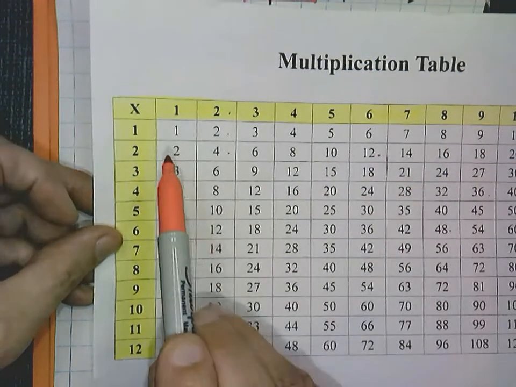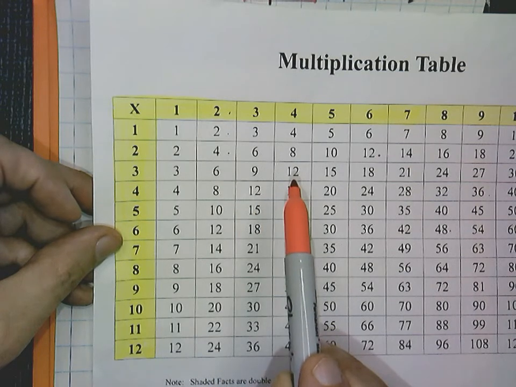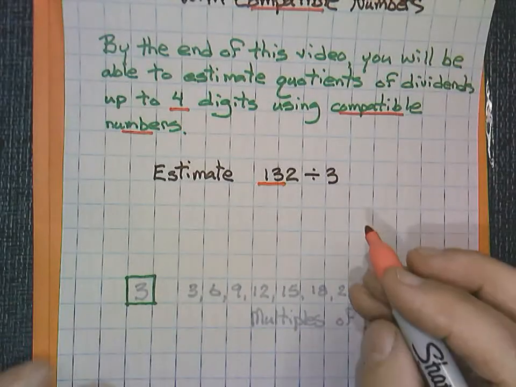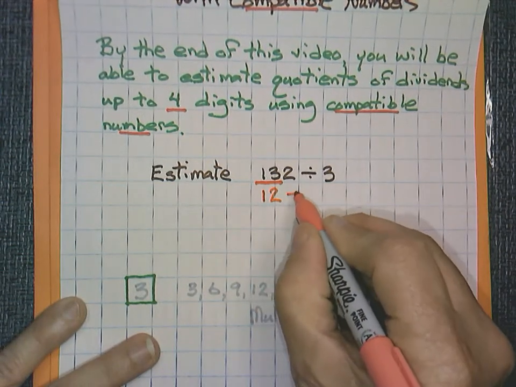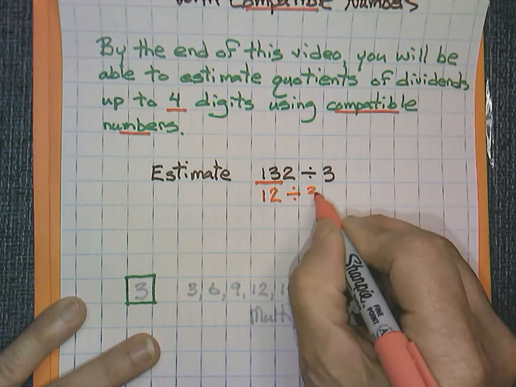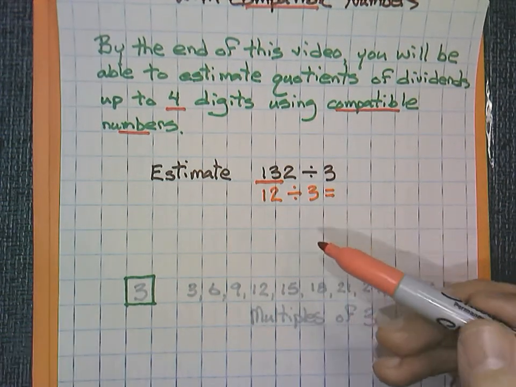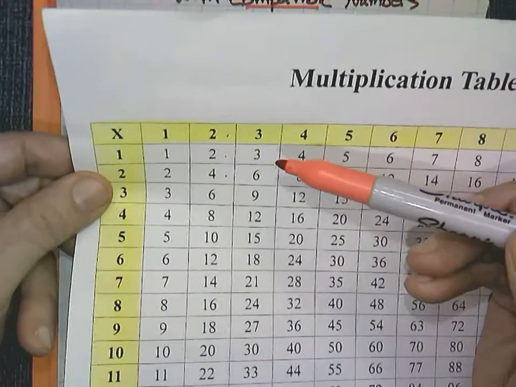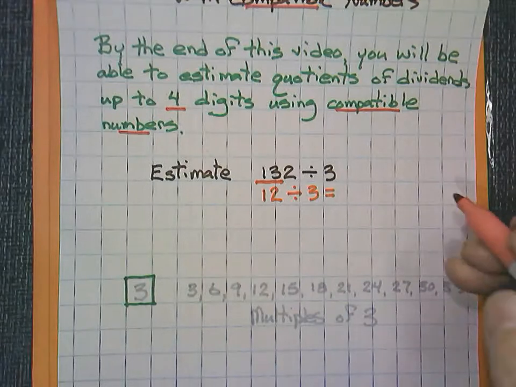Notice that I could also work across and find 12 as well. Rewrite 12 divided by 3, and using my same information, I can see that that's going to be 1, 2, 3, 4.